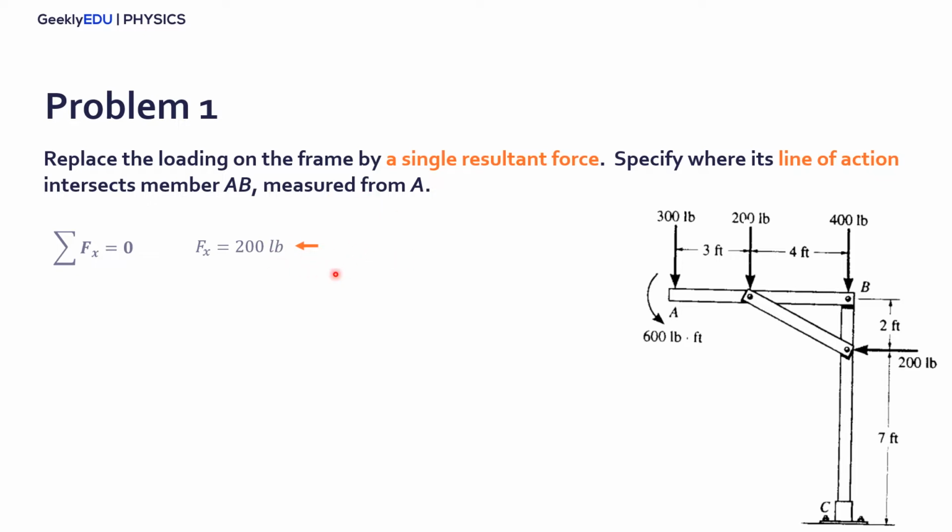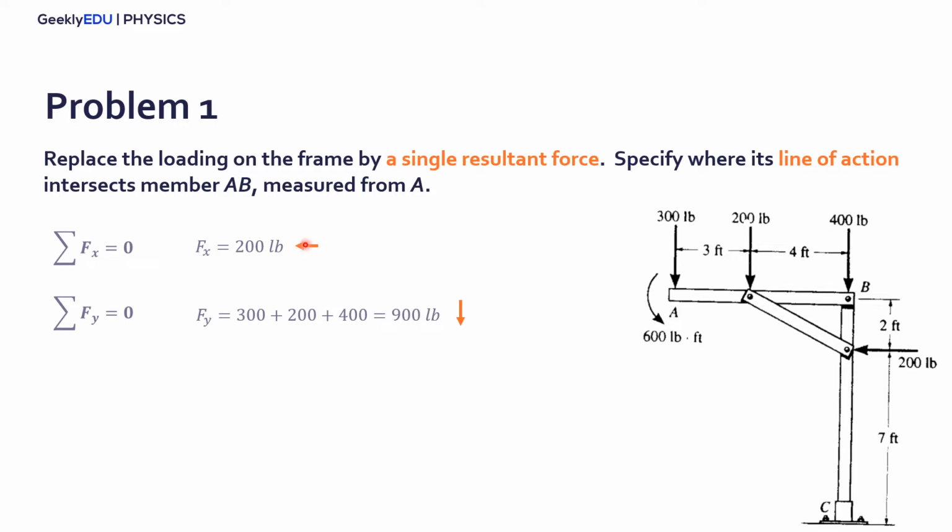We can do the same for the y component. We have three forces pointing down, 300 pounds plus 200 plus 400 pounds. So the y component of the single resultant force pointing down must be 900 pounds.